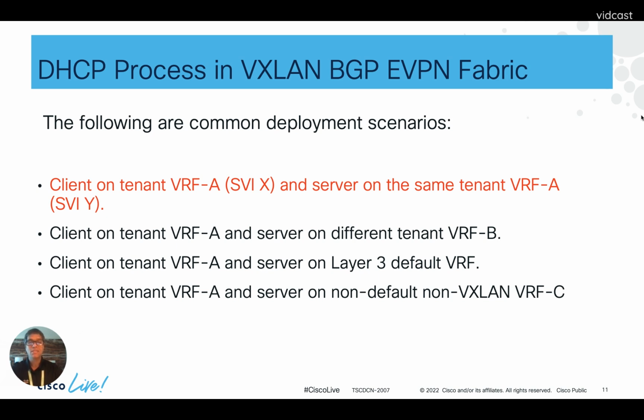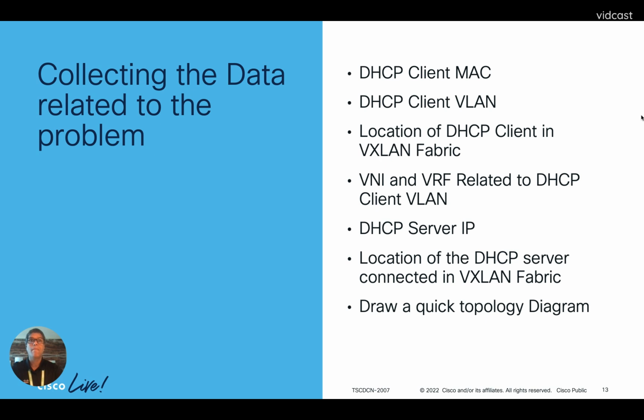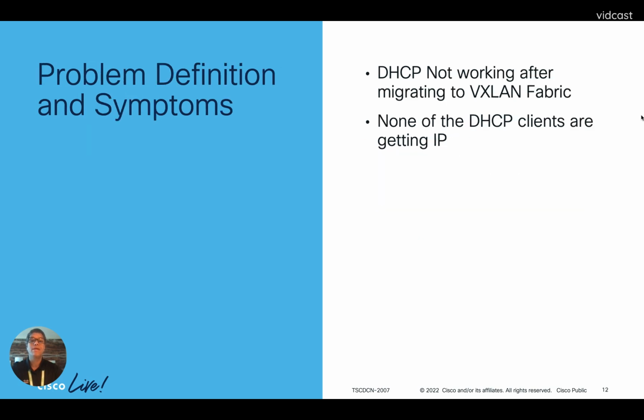Okay, so now let's get back to the original problem description. My customer reported that their DHCP clients are not getting an IP address over DHCP over the VXLAN fabric after migrating to VXLAN. Like with any problem when we troubleshoot, there are basic things we need to collect before we troubleshoot it.